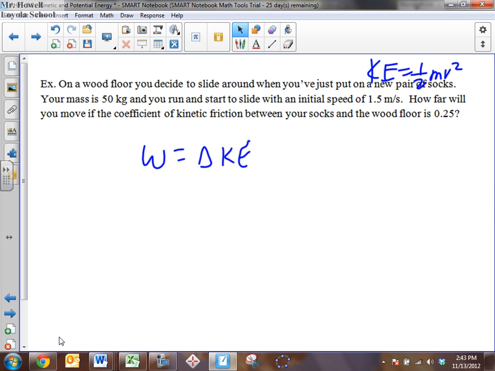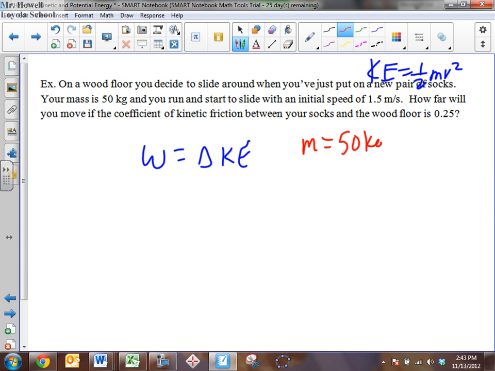We're going to use this theorem. Before I go into it, let's start with the givens. First, what is your mass? 50. Besides the mass, what else do I know? Initial velocity is 1.5 meters per second. And what's the final velocity? Zero.